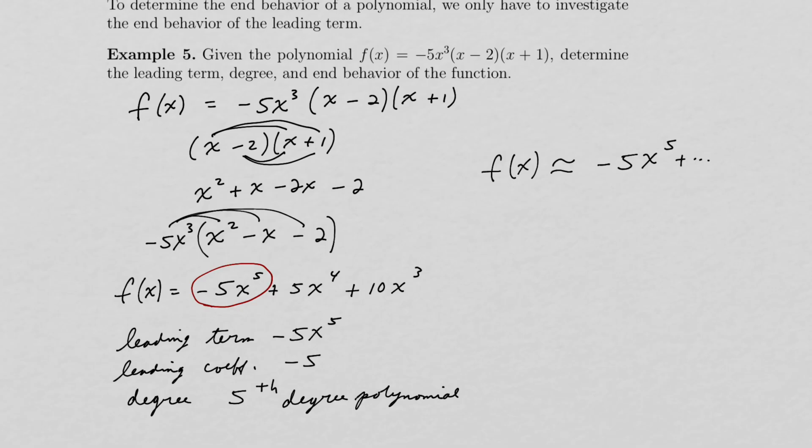Okay, so what does this look like? K is negative, right? K is negative 5. The P is odd, so it's going to have a shape like this. Normally, if P is odd and K is positive, it has a shape like this. But K is negative, so it flips it, so it's going to have a shape like this.